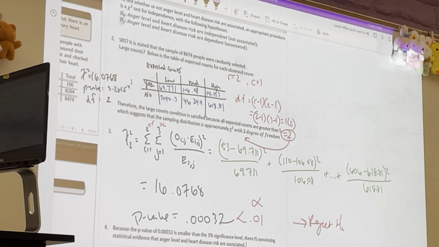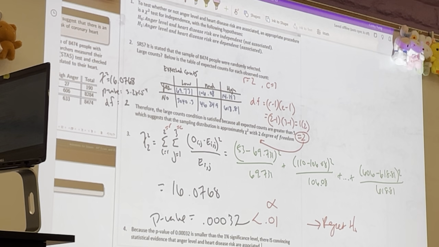Okay, because as of right now, I don't want to stop. Any questions about this example? Again, it's just your normal recipe for hypothesis testing, but tweaked to do the chi-square test for independence. Any questions?